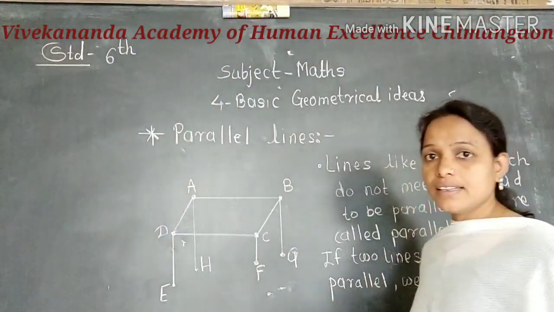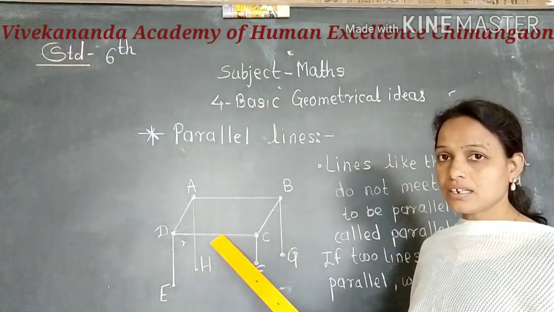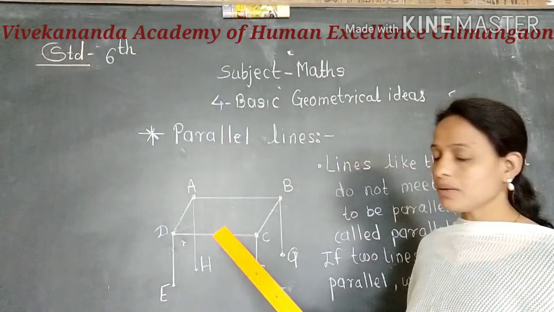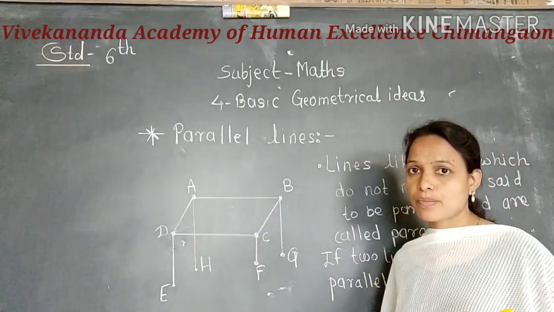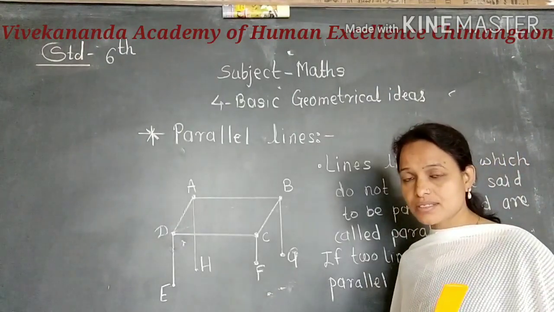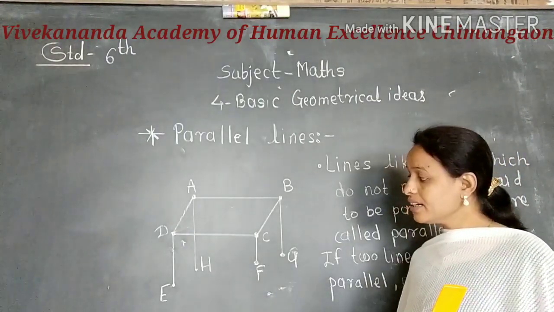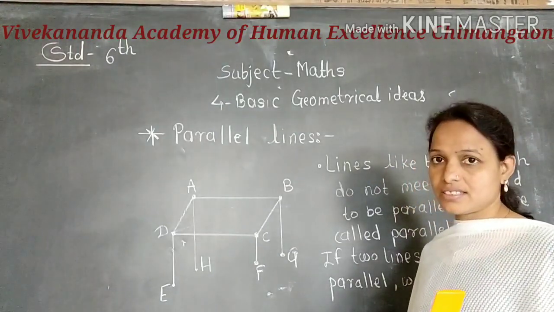Okay, let's look at the figure of a table. Here, the top of the table ABCD is flat. Are you able to see some points and line segments? Are there any intersecting line segments? Yes.